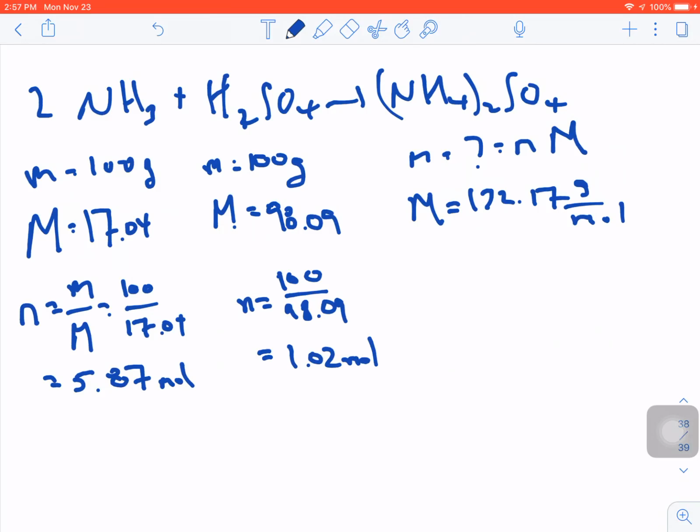Now I want to figure out how many moles of ammonium sulfate I can get. So my number of moles of ammonium sulfate is equal to, let's start with the NH3 here. Number of moles is 5.07.